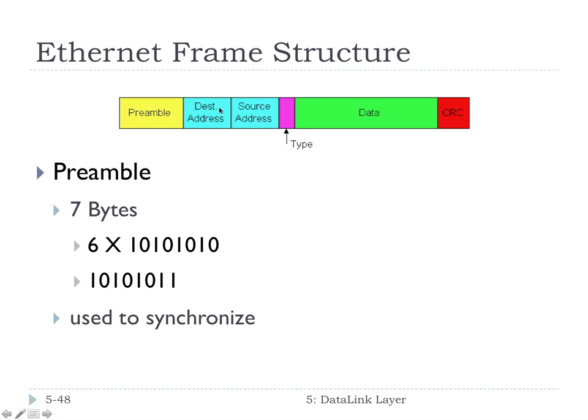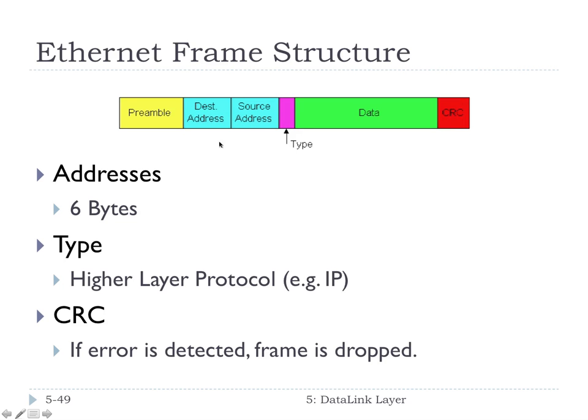You see, next we have the 48-bit destination address, the 48-bit source address, 48 bits, that's going to be 6 bytes. So 6 and 6. We've got 2 addresses, 6 bytes each. The type is a code that represents what higher layer protocol, what network protocol is encapsulated in this frame.